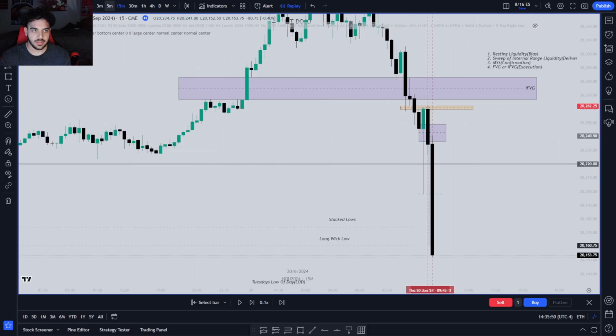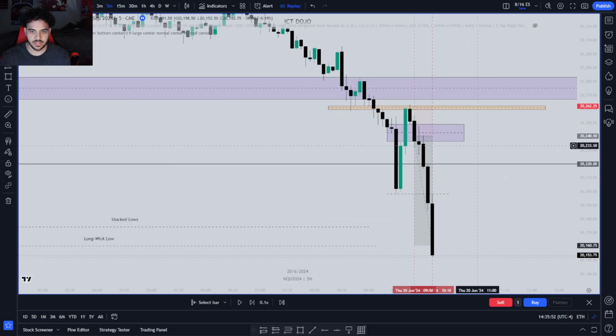And then finally, we had our market structure shift, which comes in two different forms. We could either see a heavy displacement below a low, or we could see an inversion fair value gap being formed, which are both forms of market structure shift. So right here, we had our 5-minute inversion.